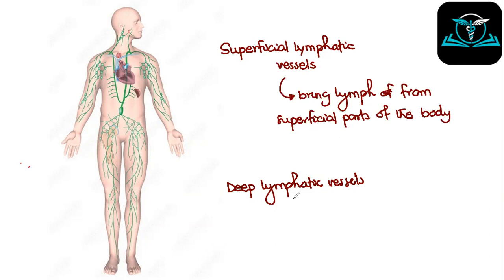The deep lymphatic vessels bring lymph from the internal organs or the viscera. If you get into the chest region, the vessels bringing lymph from the hand, palm, forearm, etc. are superficial lymphatic vessels, but the lymph drained from the heart will be drained by deep lymphatic vessels.